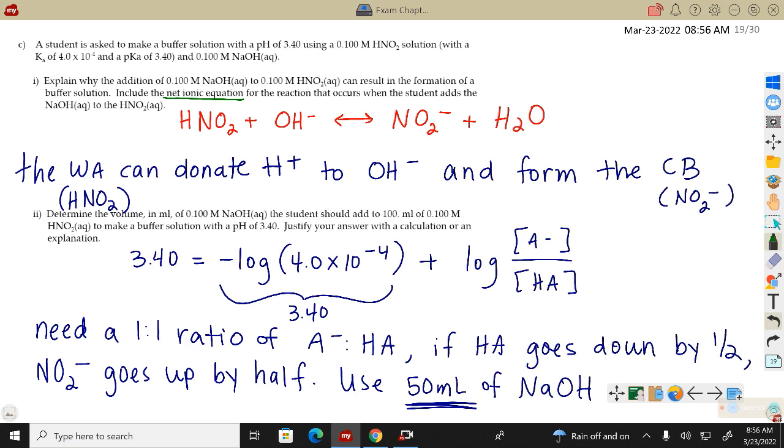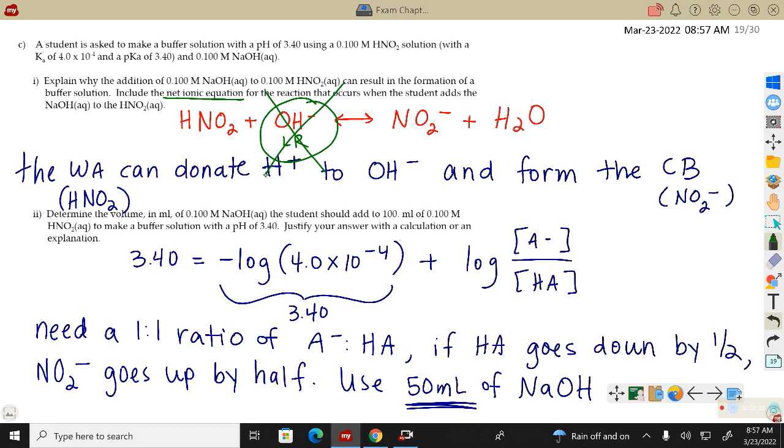Now, we kind of mentioned that yes, we could make a buffer as long as the hydroxide is the limiting reactant. This has to be less than the amount of the original weak acid. So the weak acid can donate the hydrogen, and we can form the conjugate base, even though it's not initially present, as long as the hydroxide drops out.